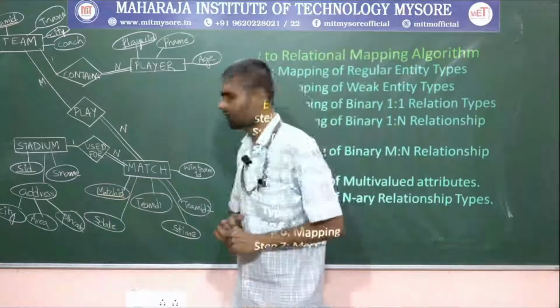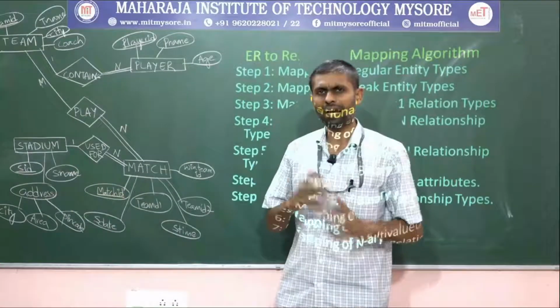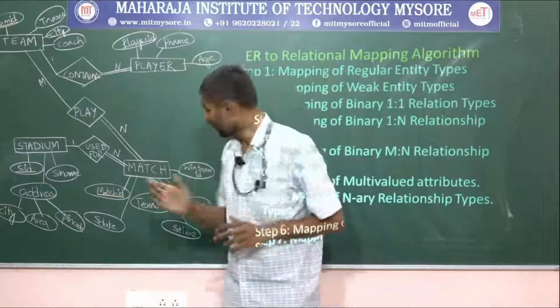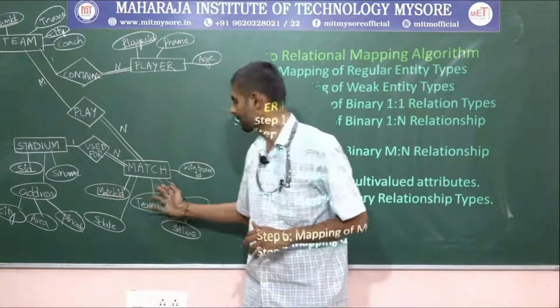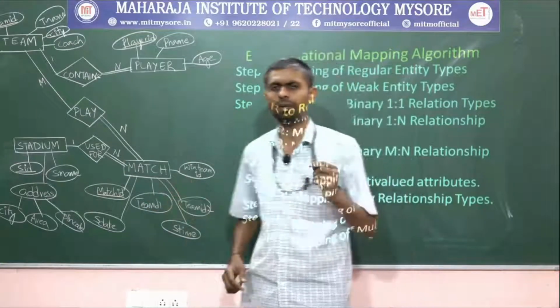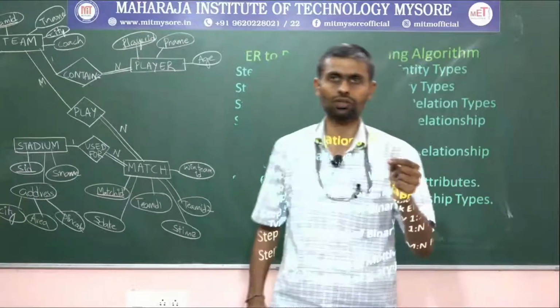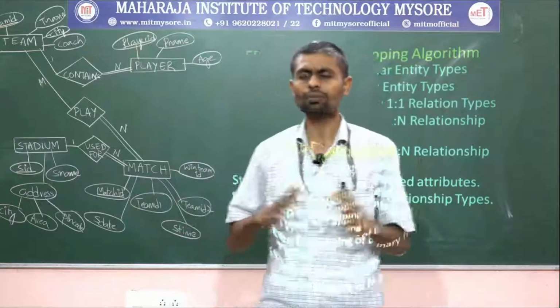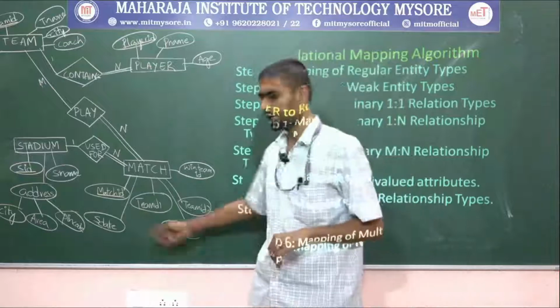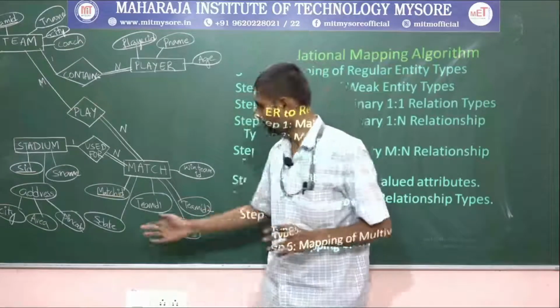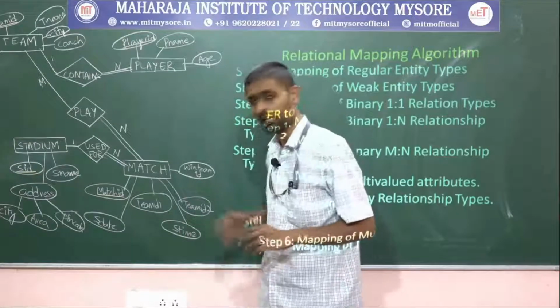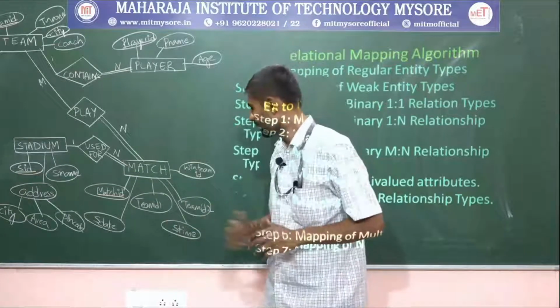Then we have seen that matches will be played between the teams, which we have shown by creating a separate entity type, where each match is identified by a match ID, and each match is played on a scheduled date and time.